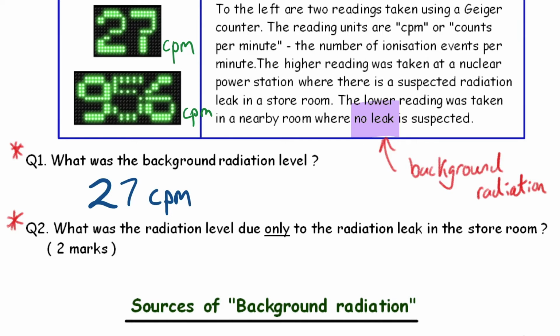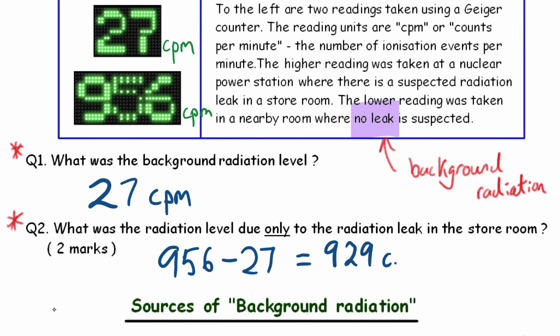All you have to do then is take away that background radiation from the measured level, and that will give you a reading of 929 counts per minute. So that is not background radiation, that is the radiation level due only to the radiation leak.